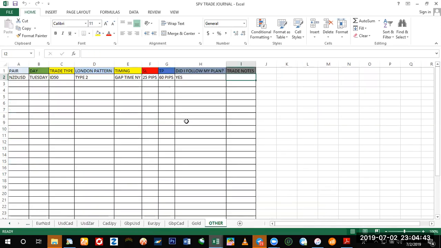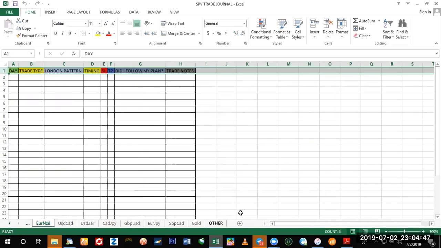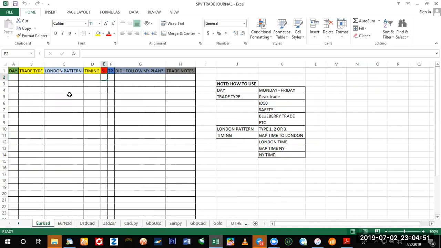And this one is a trading journal. So here you have your pairs down here. At each pair, for example, Euro USD, this is a day. Day is Monday to Friday. So if you enter a trade on Tuesday, you enter there. What's the trade type?